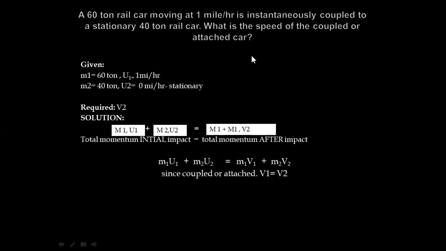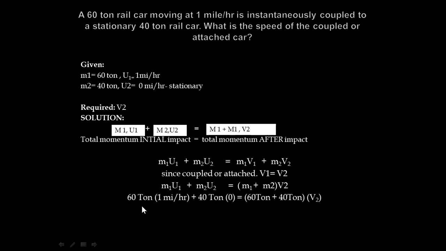Since we are talking about coupling of both rail cars, this becomes a single velocity, with v1 equal to v2. If we rearrange the equation now, this becomes m1u1 plus m2u2 equal to the sum of both masses multiplied with its single velocity after the impact, or after the coupling or attachment of both cars.